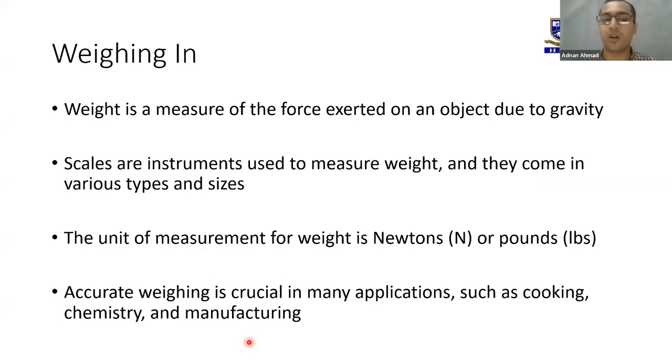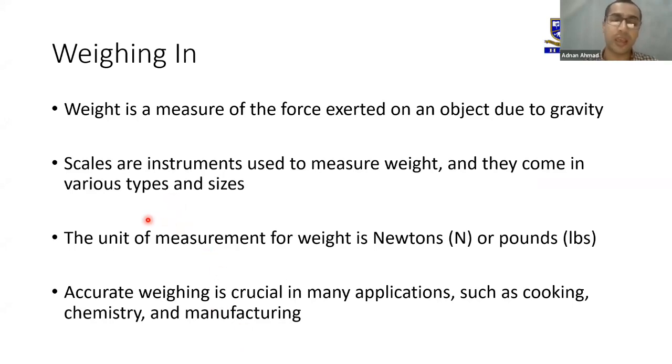For example, you're baking a pizza, so you should know the amount of cheese that you want to put on your pizza, or the amount of sweet pepper, or pepperoni, right? All these ingredients, you have to measure before you can use them, right? So this is how weight is important.